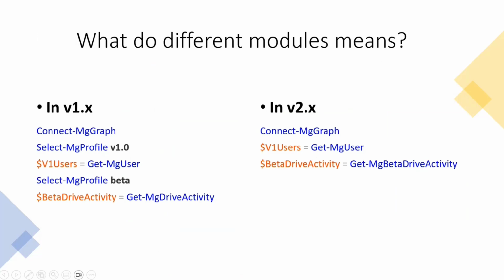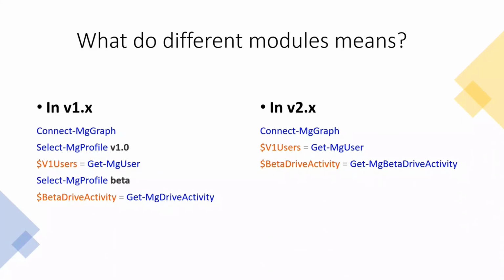So just to exemplify what I told you about the different modules: in V1, for you to use V1 and beta in the same script, you would need to change your profile, using Select-MgProfile, to V1 to use what was in V1, and to beta for the things that are in beta.